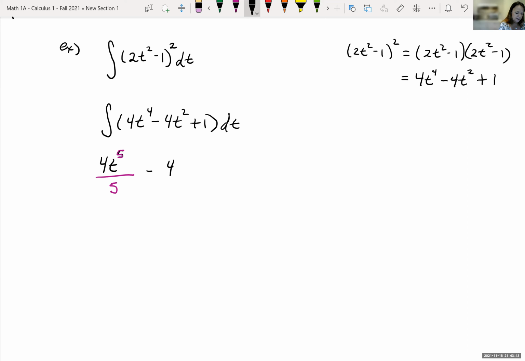Minus 4t, add 1 to my exponent. So adding 1 to 2 is 3, divide by my new exponent of 3. Plus the antiderivative of a constant is the variable we're taking the antiderivative with respect to. So that would just be t. And then we're going to add some constant c.